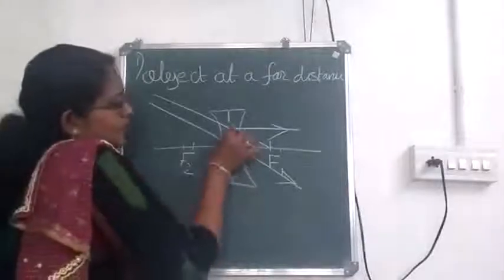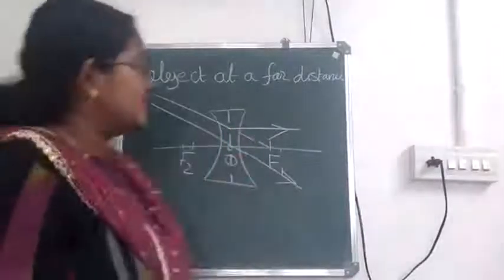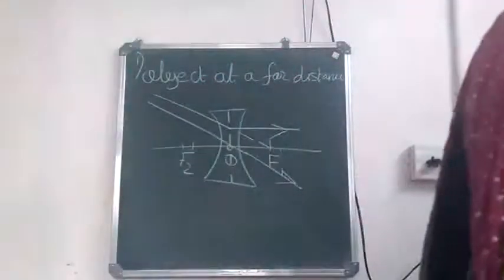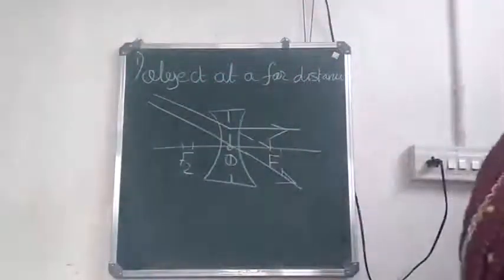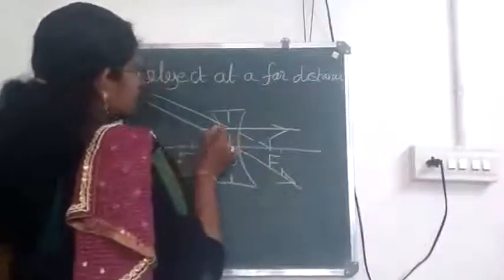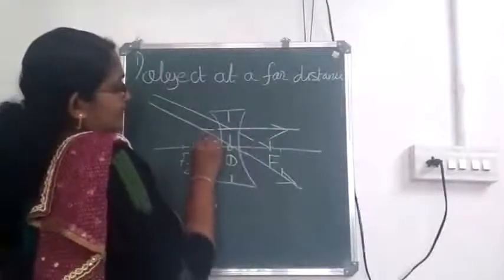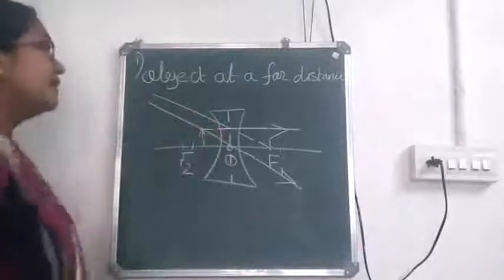Now, we are going to extend the refracted ray. Okay. So, when the refracted ray is extended, where will it meet? So, I just extended this one. So, it meets here. And here we are getting the image.